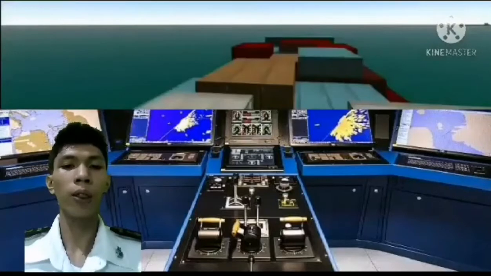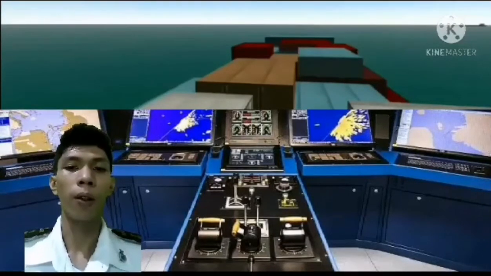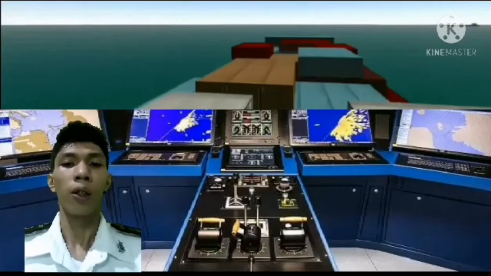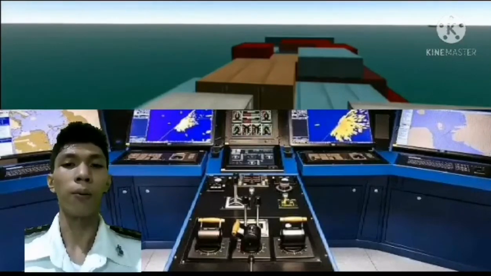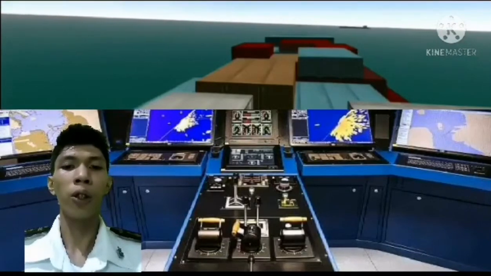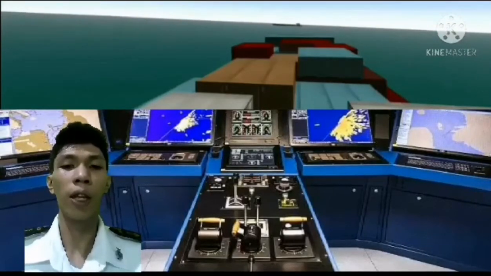So as we can see, we are not constrained by draft, so we will boldly alter our course 45 degrees to starboard. As we can see, our ship is tilting to the right, which means we are turning to starboard side. Continue on this course until we see MV More's stern, and then go back to a course parallel to our original course line by turning to the port side 45 degrees.